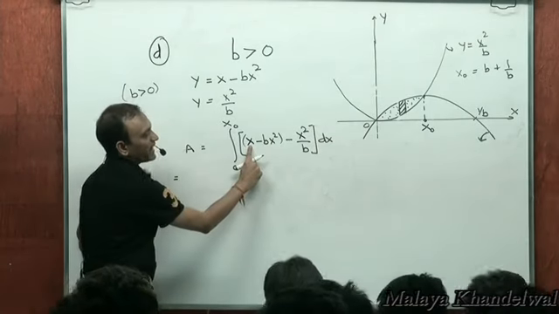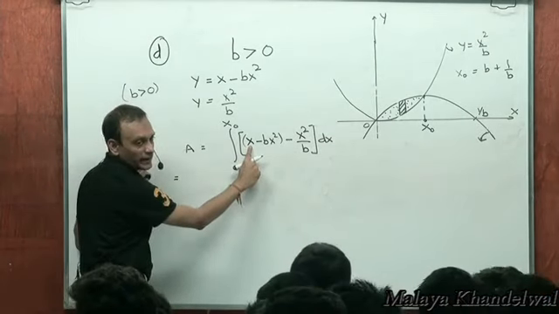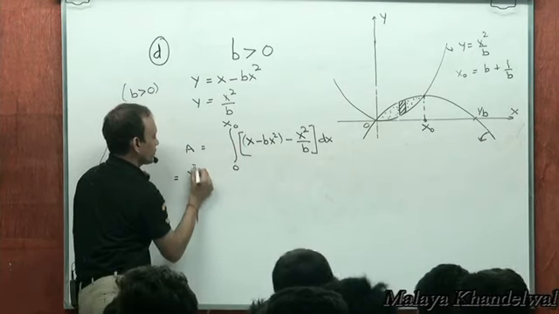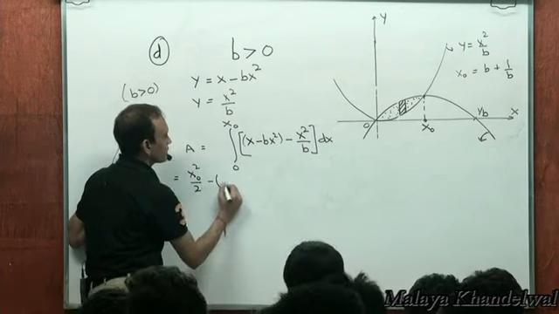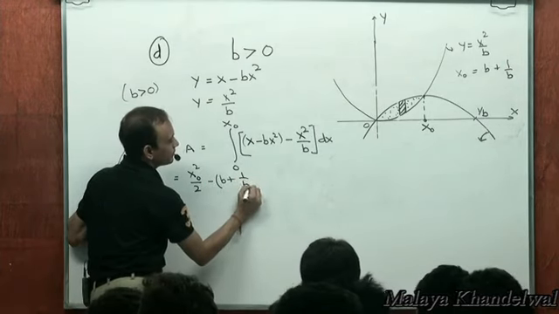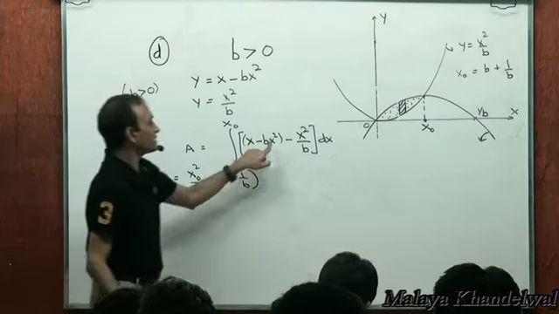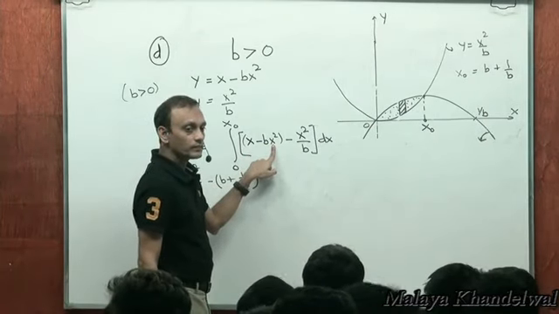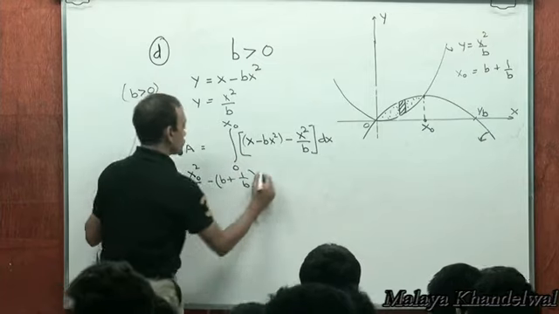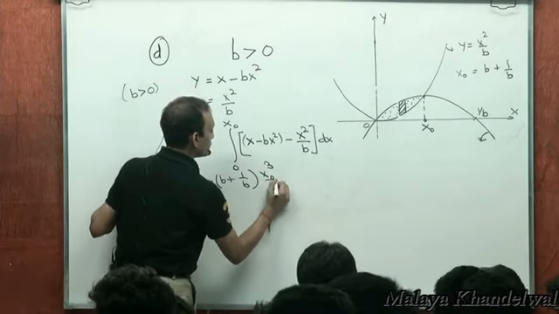This would be x dx, which would give me x naught squared by 2, right? Minus b plus 1 by b x square, which would be x cube by 3. Yes or no? So which would be x naught cube by 3.